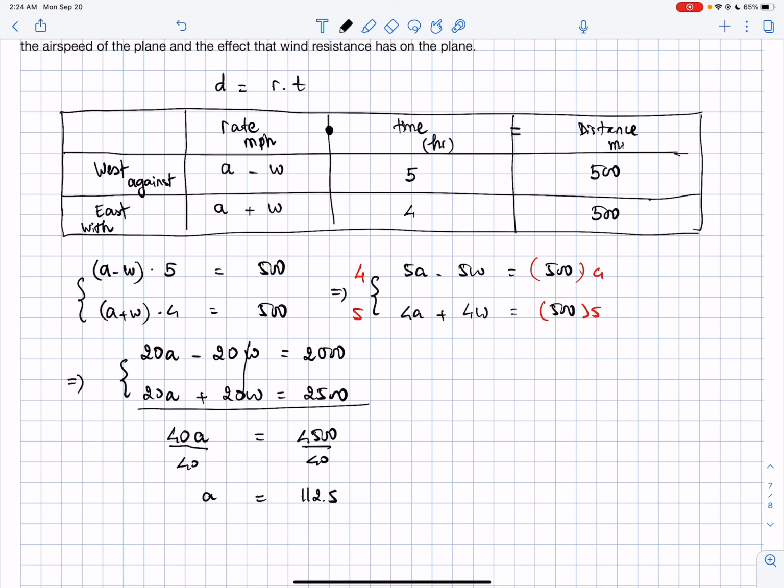To solve for W, we can plug into either the first equation or the second equation. I choose the first one.